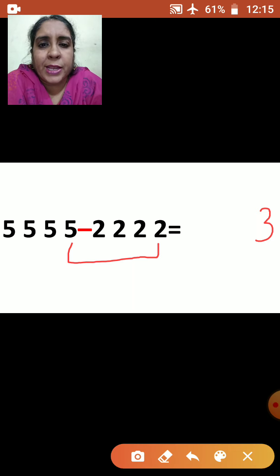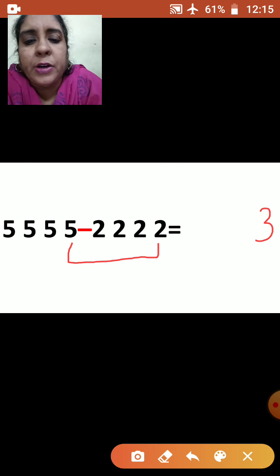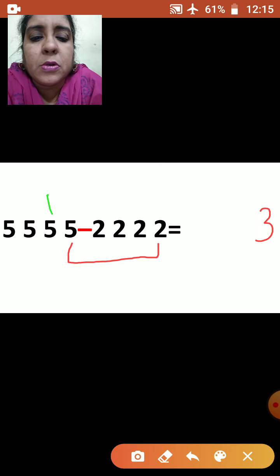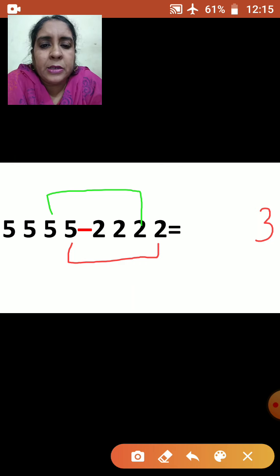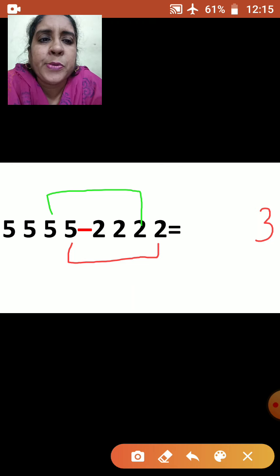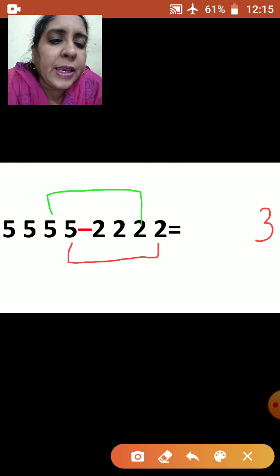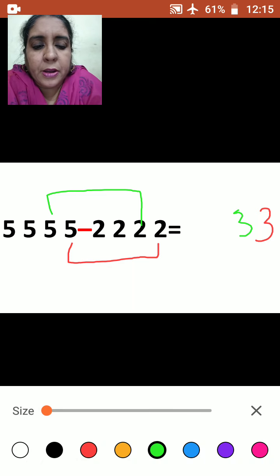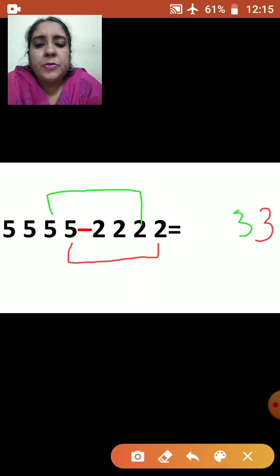Right. Now we will go to next place. Next place is tens place. So we will do again 5 minus 2. How much will you get, 5 minus 2? Yes, it will be 3. Right. Now we will do next number, that is hundreds place.